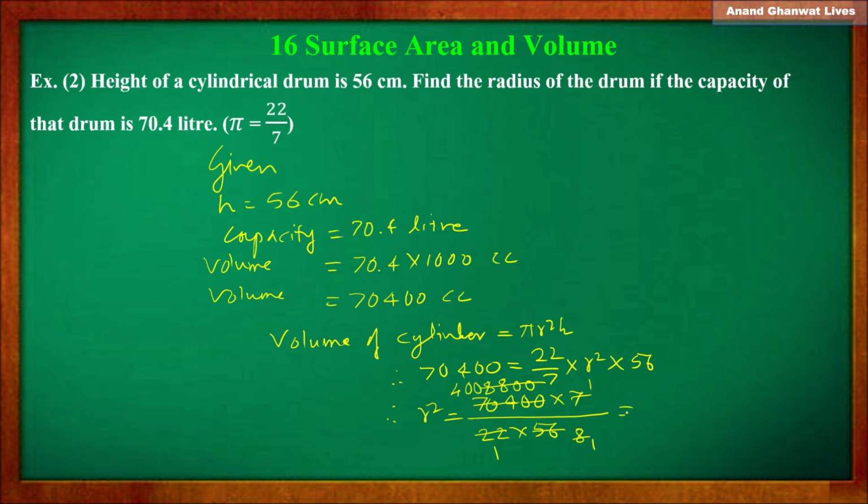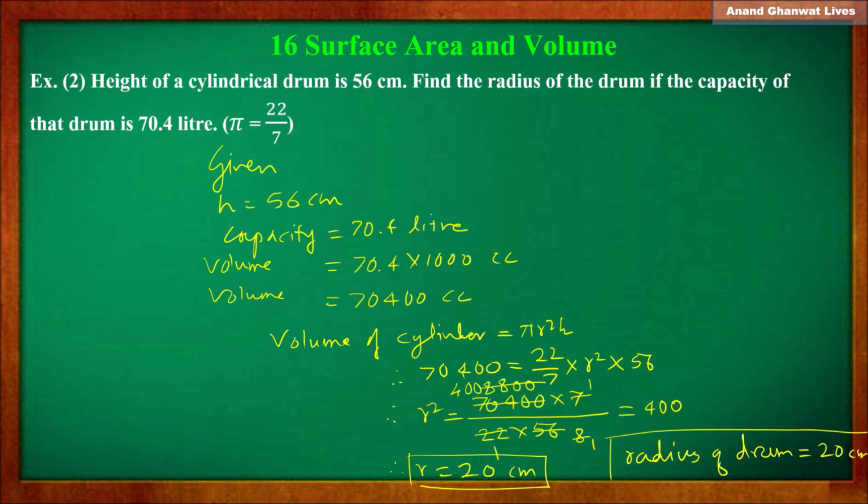So r square is equal to 400. Taking square root on both sides, r is equal to 20 and its unit is centimeter. So the radius of the drum, or cylindrical drum, is 20 centimeter. That is the answer of the given question.